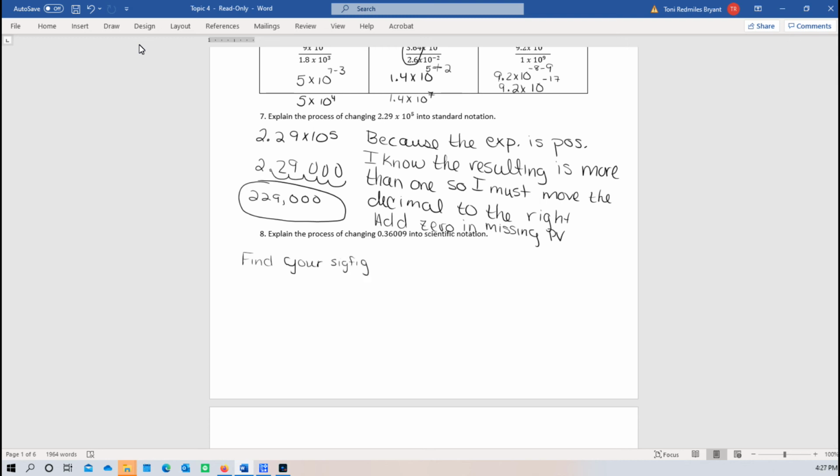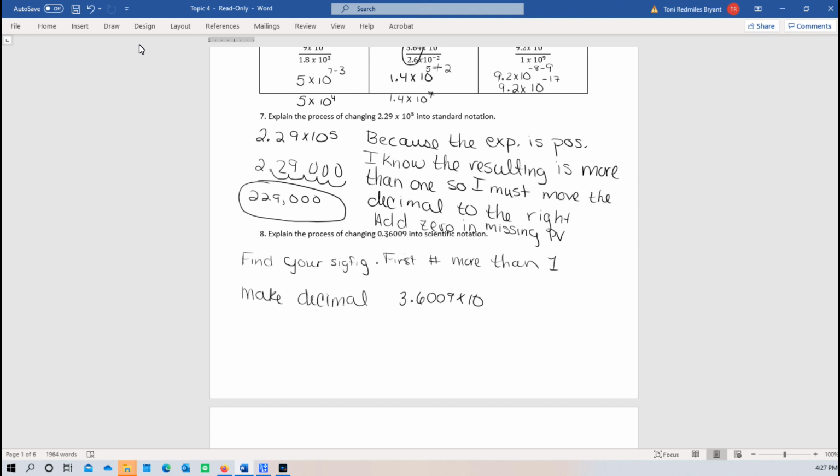And that is the first number more than 1. And in this one, it's pretty easy. It's the very first one. Now I've got to make a decimal out of that. So my decimal is going to be 3.6009. Didn't really make it any smaller.